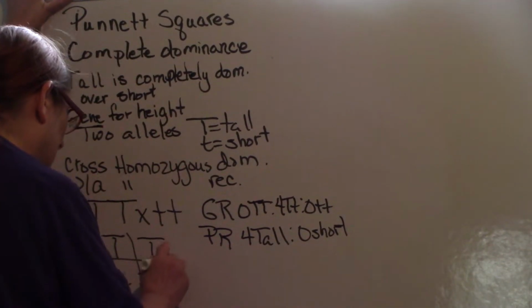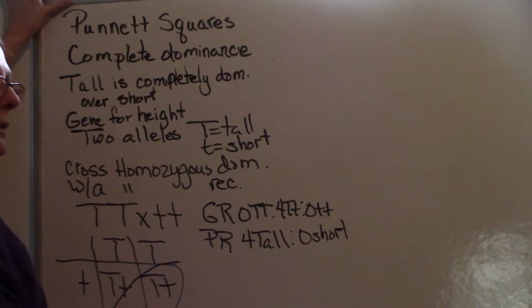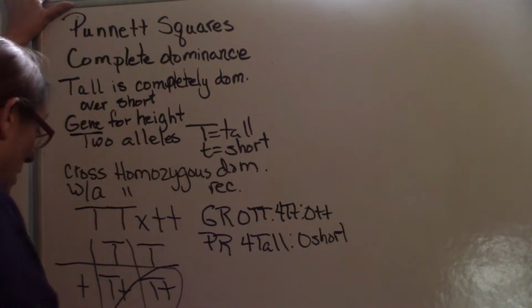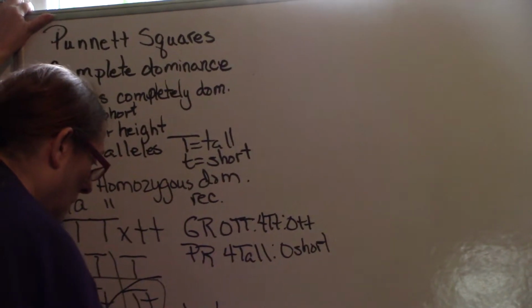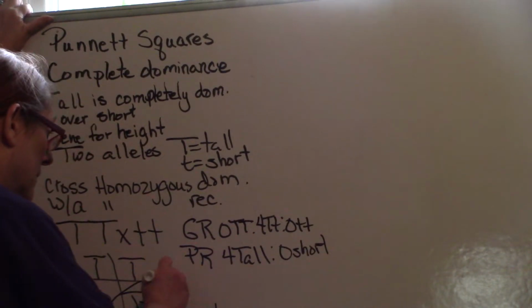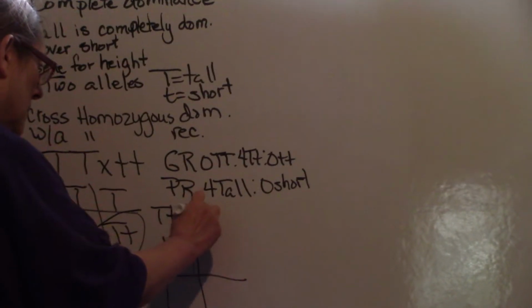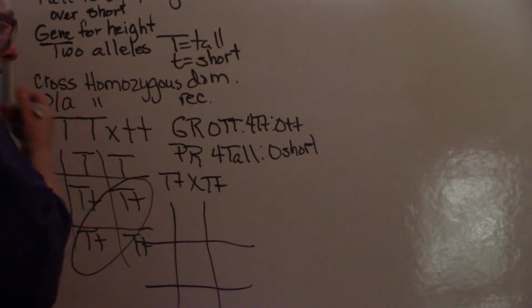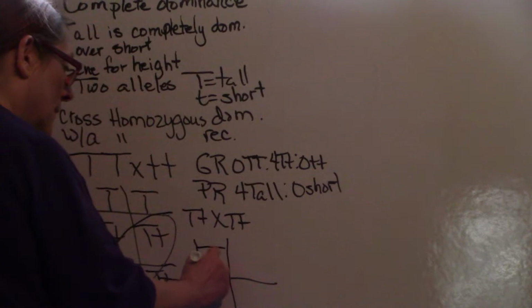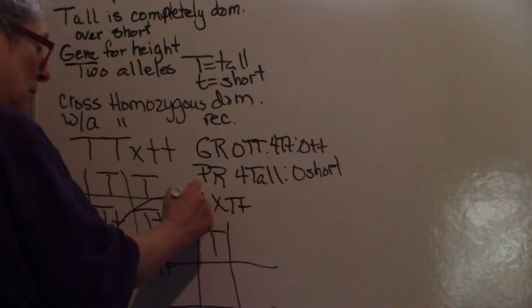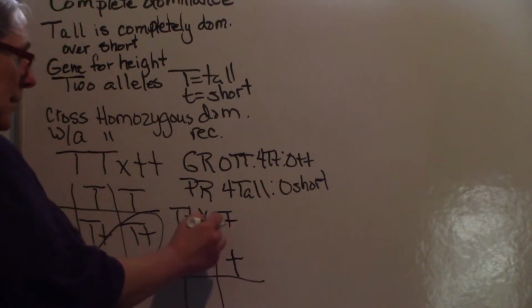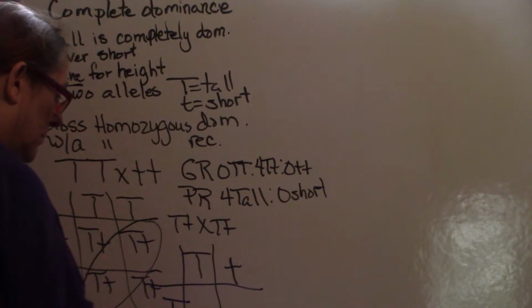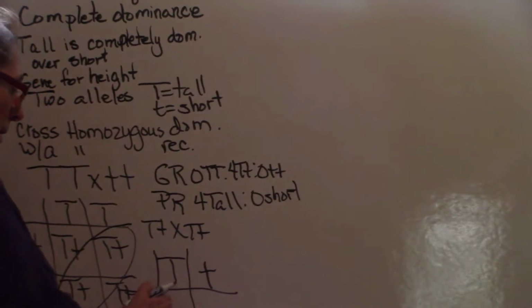Now, let's take two of these offspring, two of these F1s, and cross them. They're different because we're doing big T little t, big T little t. So half of the gametes from this individual get the big T, half get the little t. From this individual, half get big T, half get little t.